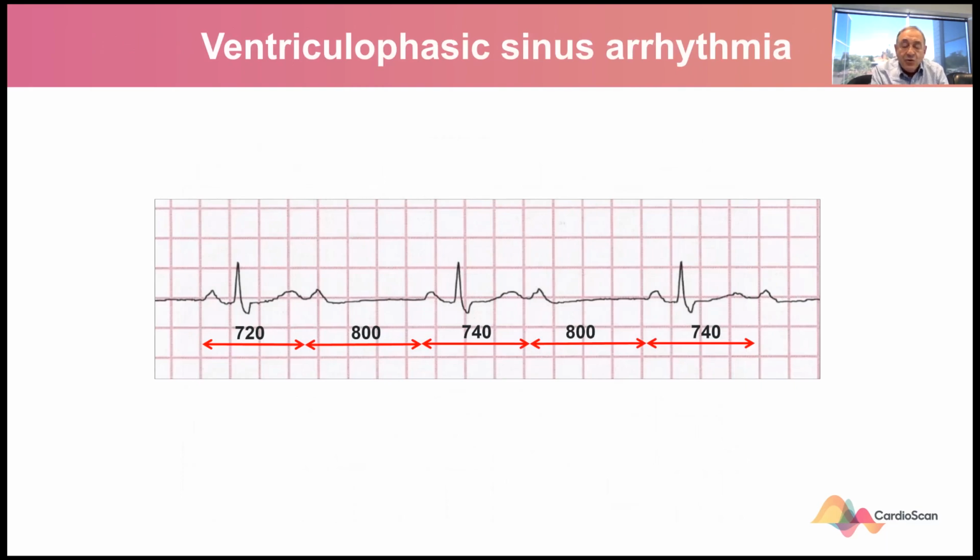There is an interesting phenomenon that when you do get 2-to-1 AV block, there is a shortening of the P to P interval, which carries the embedded QRS, whereas the P to P interval without the QRS is longer.